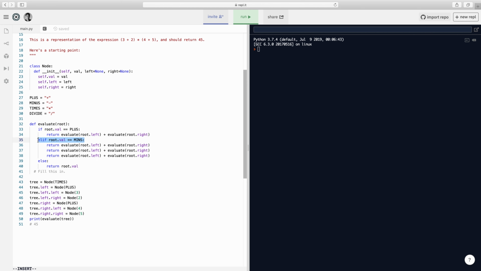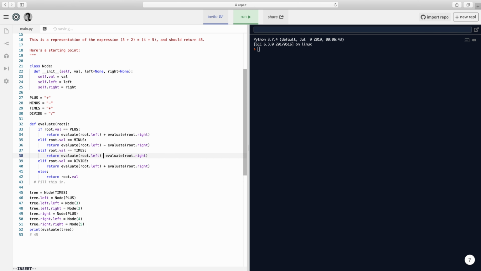So we have minus, we have times, and we have divide. We're just going to match these, multiplication and division, and that's pretty much it.